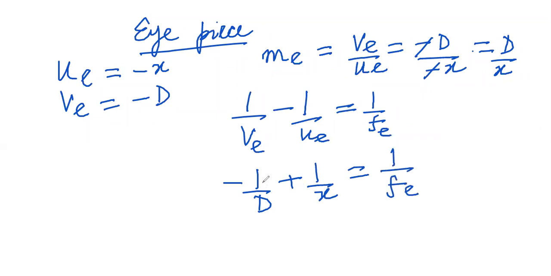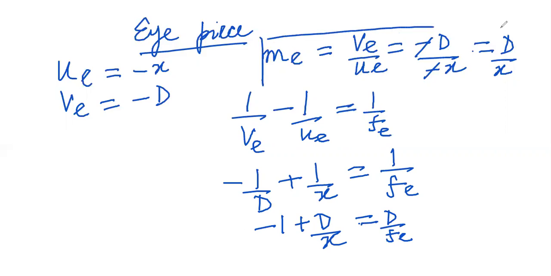Now what will happen? If I multiply it by d, like in the simple microscope I have done, this is d by x equal to d by Fe. So a very important formula we have come to is that d by x is nothing but the magnification of the eyepiece.